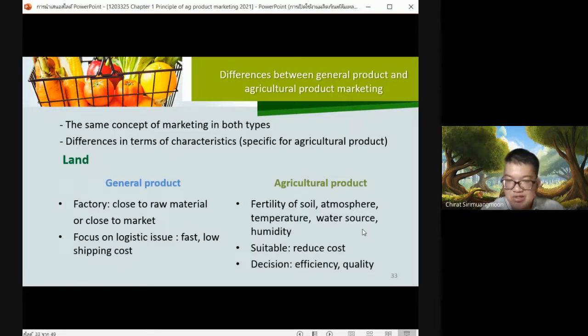The temperature will be different. The humidity is different too. So you need to build a glass house to control the temperature, and the cost is increased too. So your decisions should consider the efficiency of the production and the quality that will be obtained.